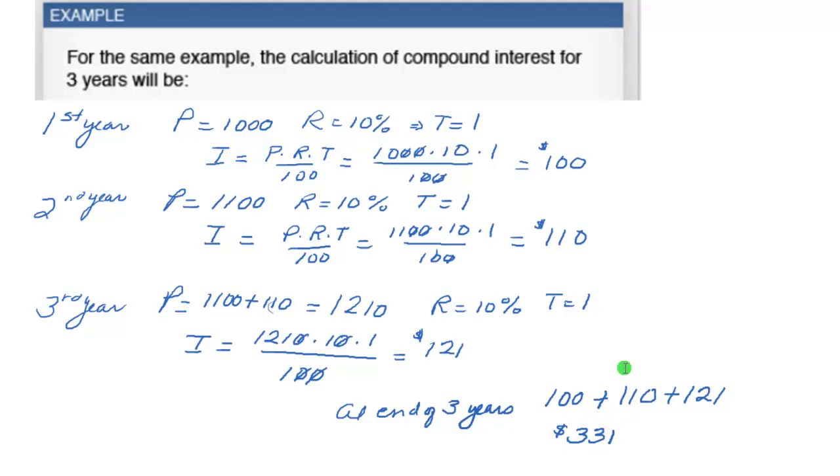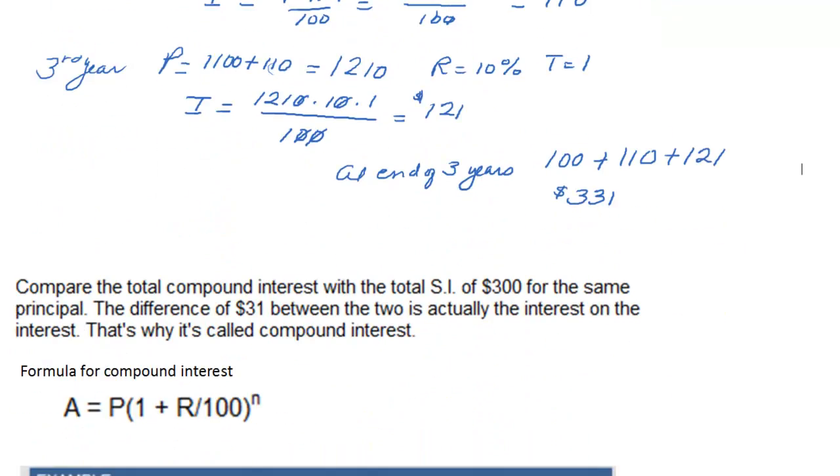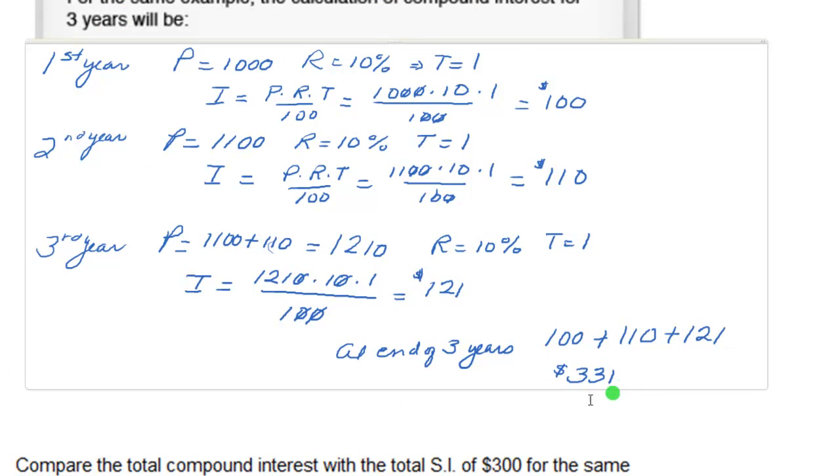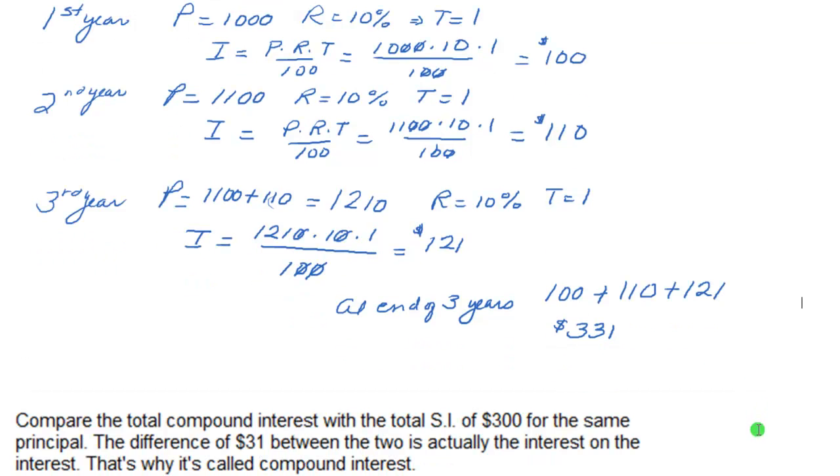Okay, so that's different than what we got in the simple interest, because for the simple interest, if you recall, we earned $300. And this is the interest on the principal of 1,000. The extra $31 that you get with the compound interest is actually the interest on the interest that you earned before. And that's the difference. You're earning more money with the compound interest than you do with the simple interest, right?